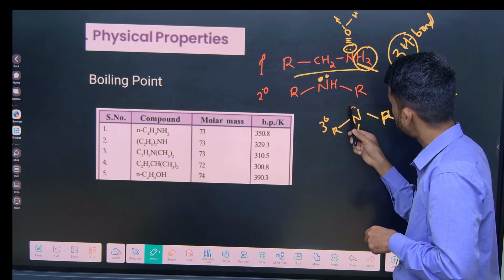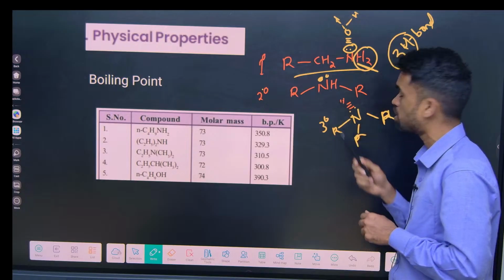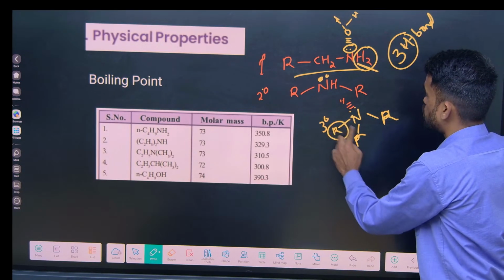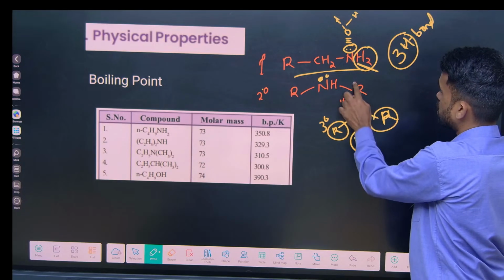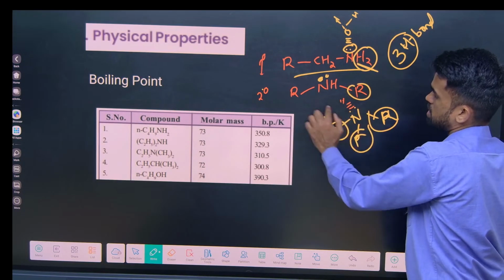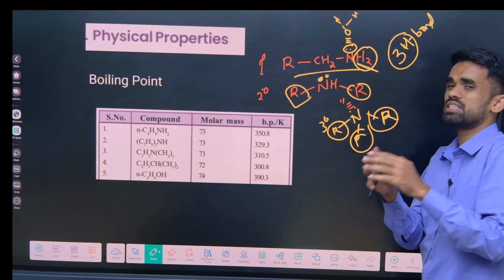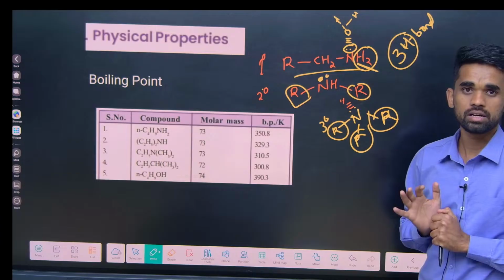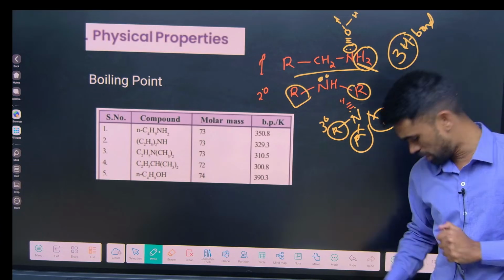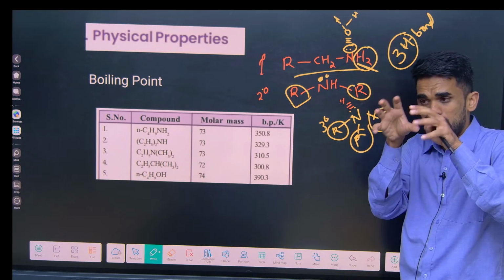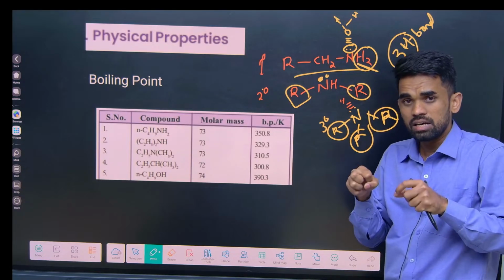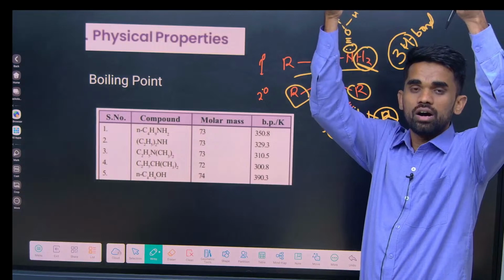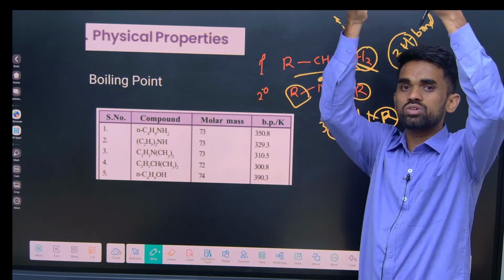So only this lone pair can be used for hydrogen bonding with another polar molecule. But due to the hydrophobic groups in tertiary and secondary amines, the hydrogen bond strength is relatively weaker, so these compounds can be easily converted into the gaseous state.